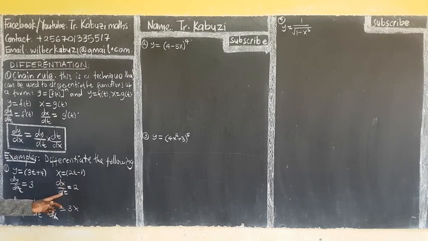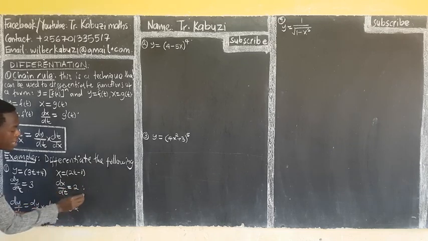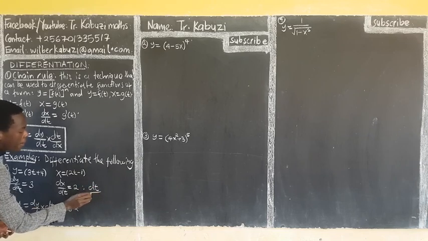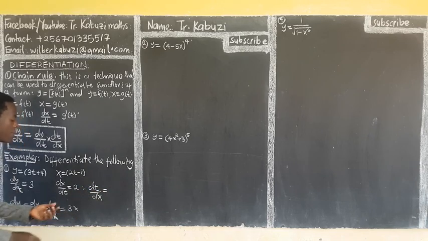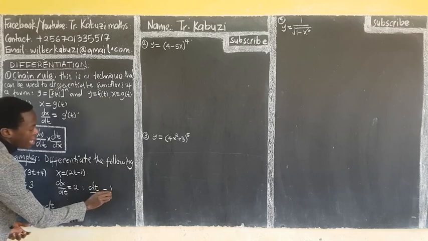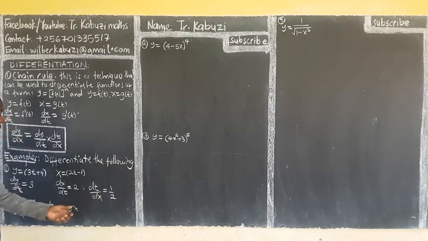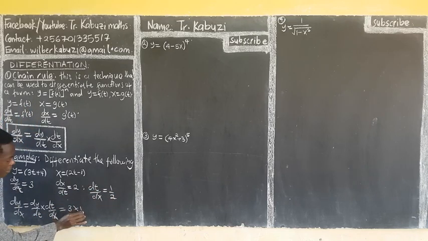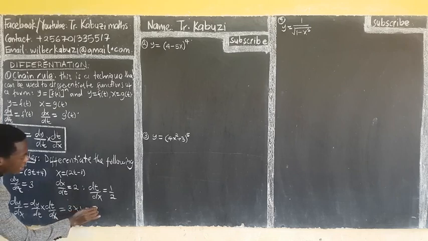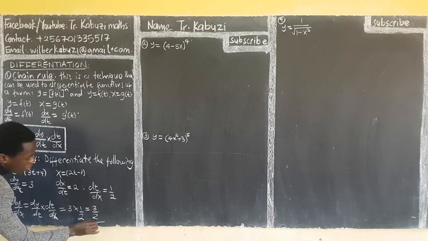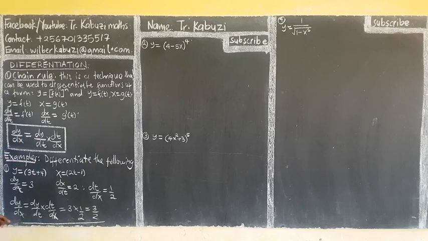Here we have dx/dt, but we need dt/dx, which means we take the reciprocal of this. The reciprocal of 2 gives us a half. So times a half, which will give us 3 over 2. And that will be our answer.